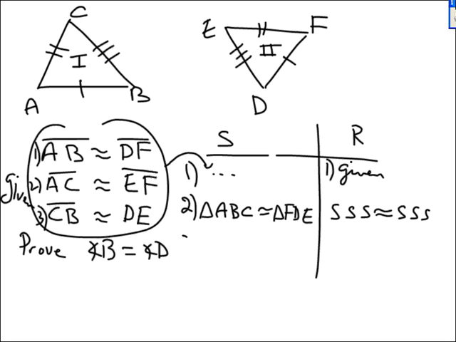Alright, now the next thing we can say is that angle B is equal to angle D. Angle B, which is right here, is made up of side AB and BC. More importantly, it's made up of the side that has one slash and a second side that has 3 slashes.